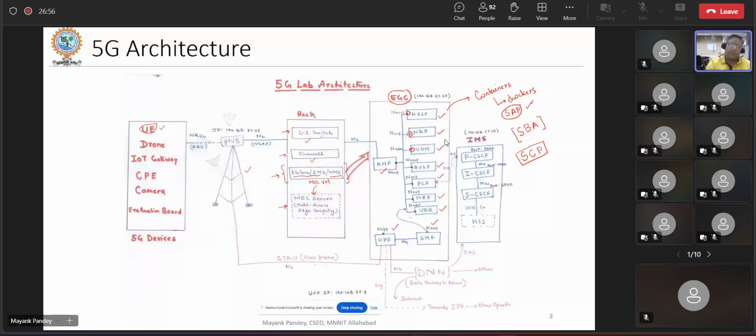Another part is similar to whatever we have in our 4G, the IMS part, which has our own PCSCF, ICSCF, and SCSCF Dockers. There's one big change which has happened. If you see in 4G, these are the network boxes.